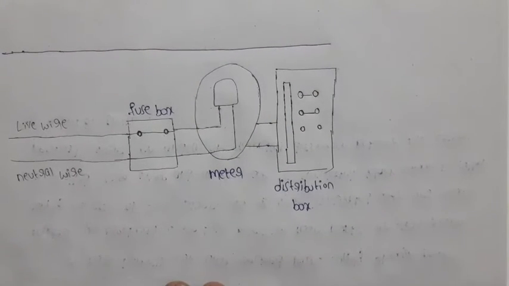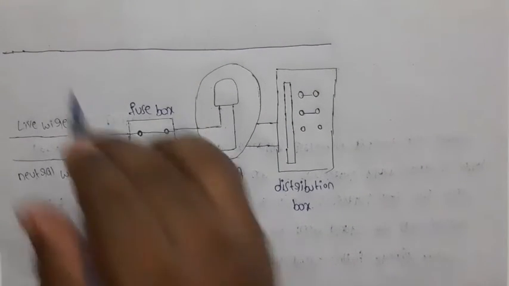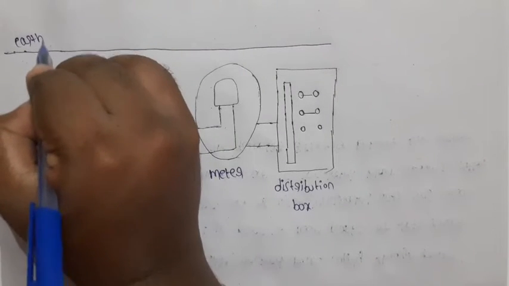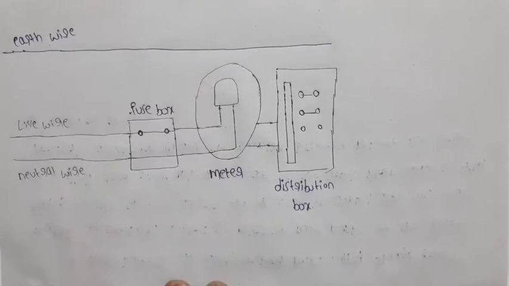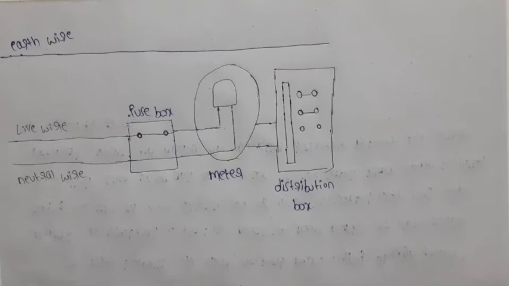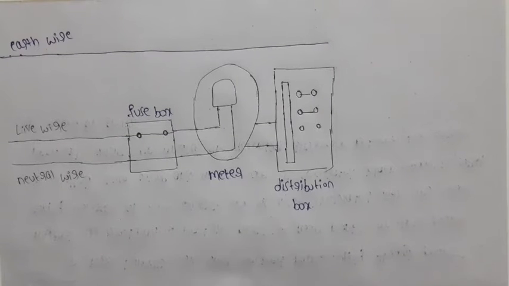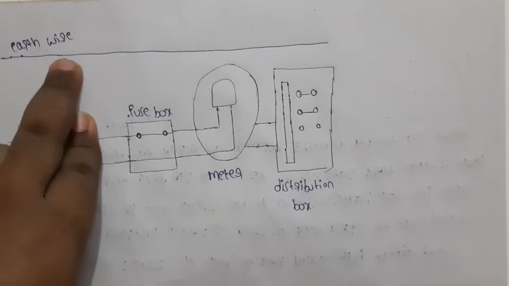What is the purpose of the earth wire? It is used to avoid leakage of current. In some situations current leaks, which causes electric shocks. To protect from electric shocks, we use the earth wire.